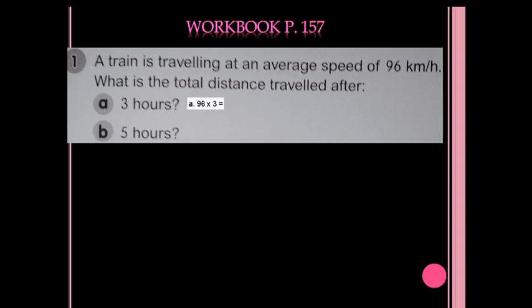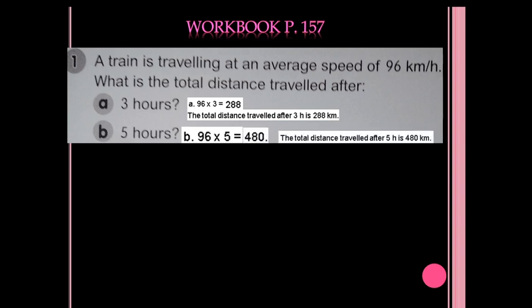Now, 3 hours, that means 96 times 3 equals 288. So the total distance traveled after 3 hours is 288 kilometers. How about 5 hours? So that means 96 times 5 equals 480. So the total distance traveled after 5 hours is 480 kilometers.